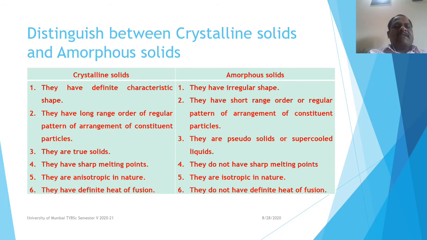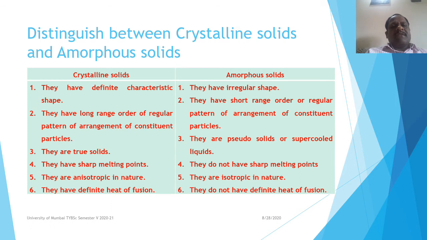For example, NaCl has a cubic structure, cube-like geometry. But an amorphous solid does not have such characteristic shapes. That means they have irregular shape. For example, I will take calcium carbonate or chalk. It is an amorphous solid. Their constituent particles are not arranged definitely.